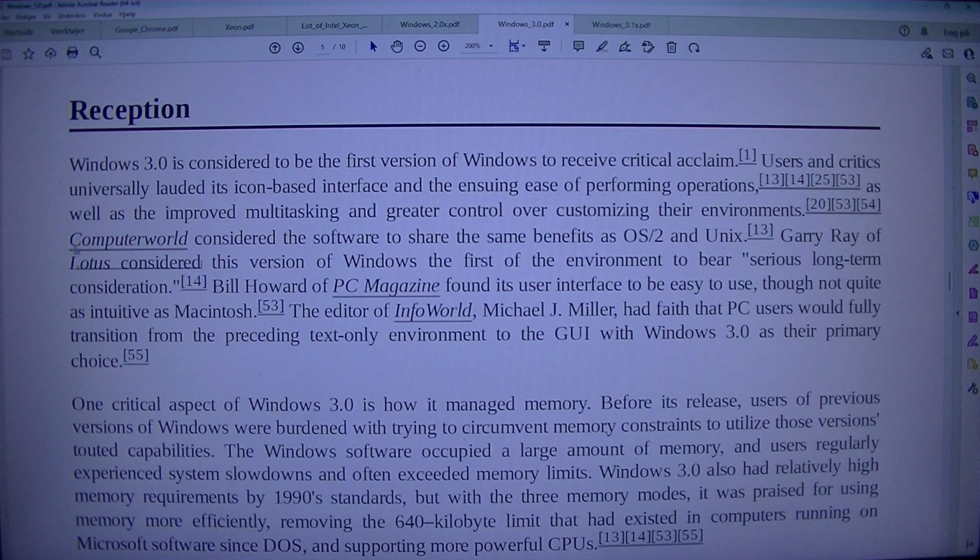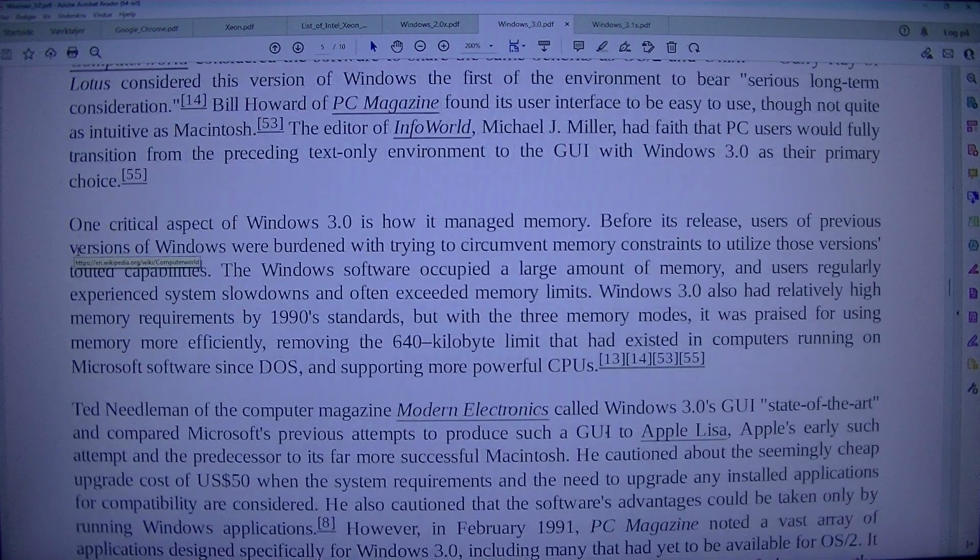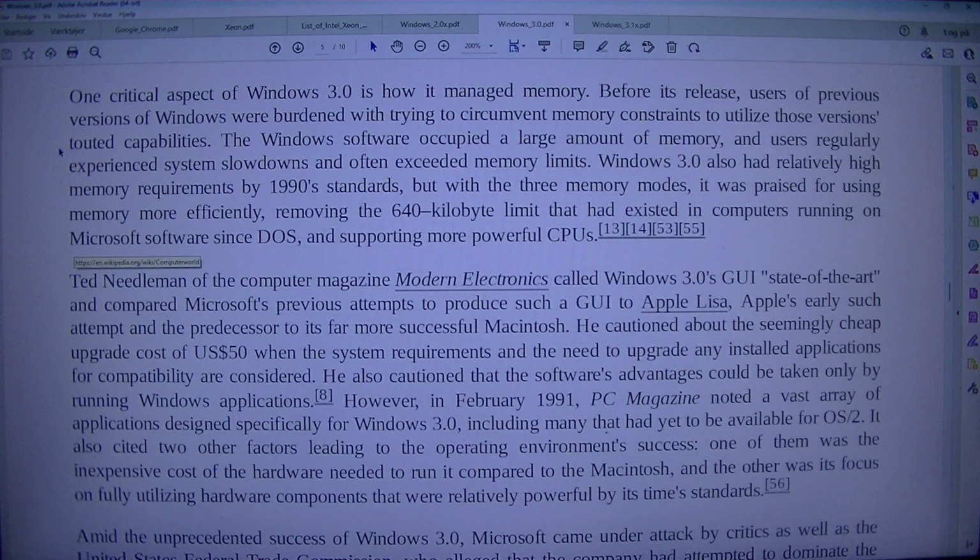One critical aspect of Windows 3.0 is how it managed memory. Before its release, users of previous versions of Windows were burdened with trying to circumvent memory constraints to utilize those versions' touted capabilities. The Windows software occupied a large amount of memory, and users regularly experienced system slowdowns and often exceeded memory limits.